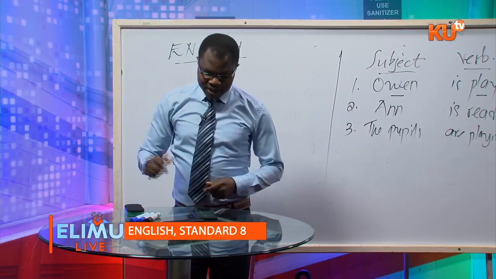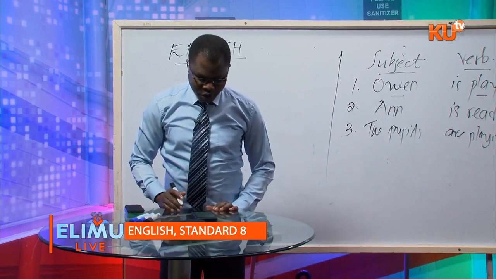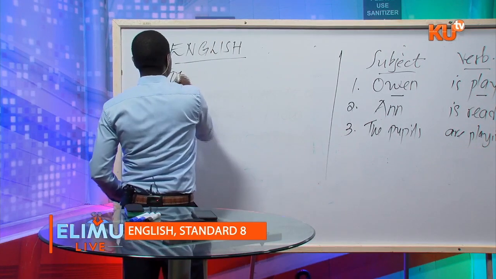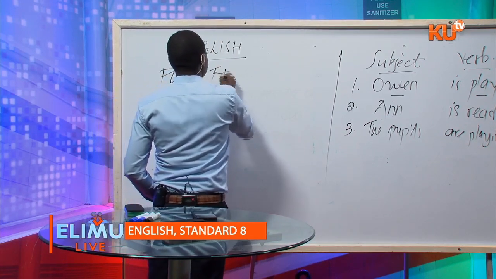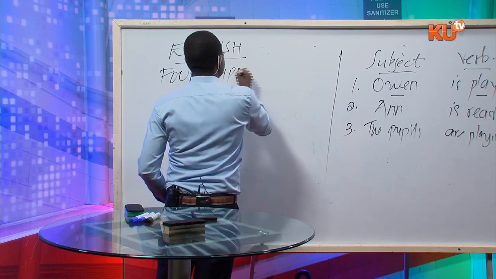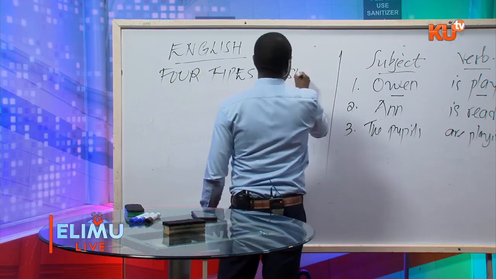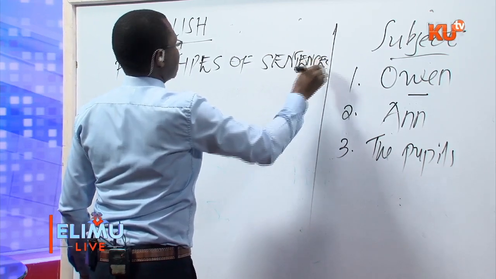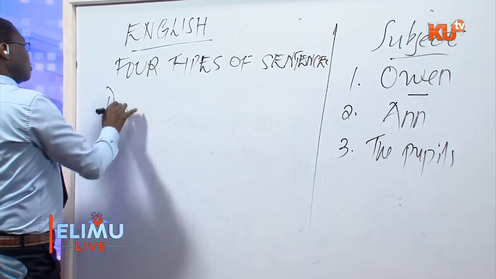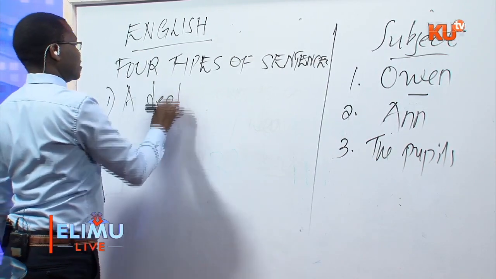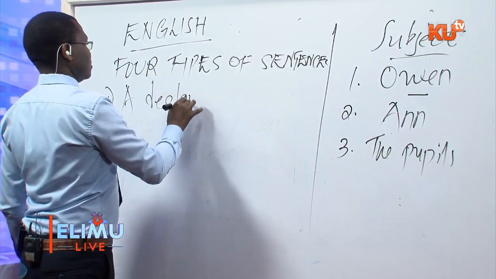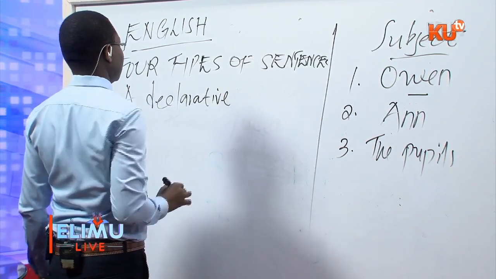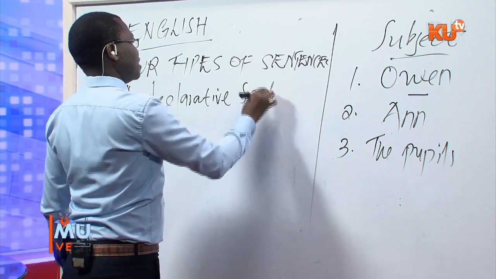The first type I want us to look at is what we call a declarative sentence.